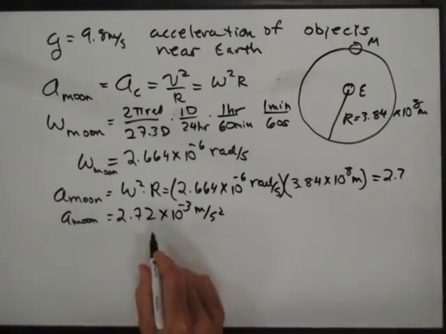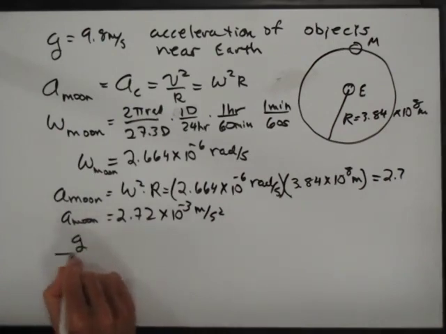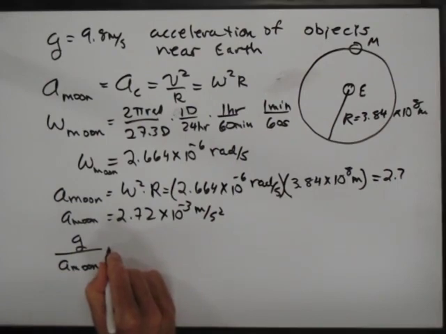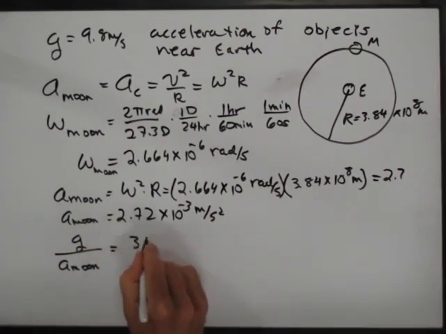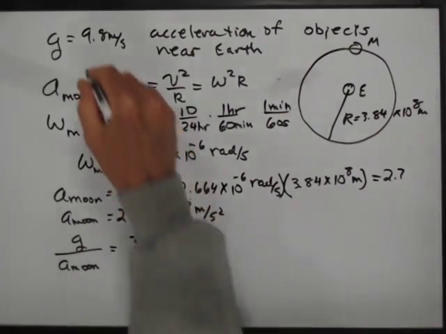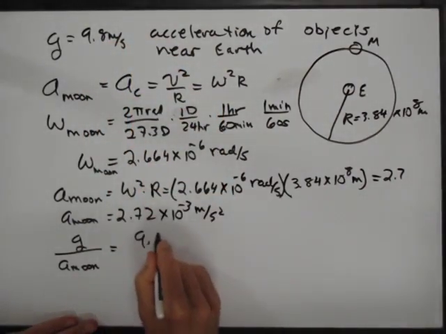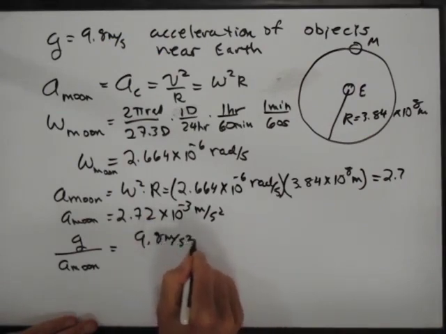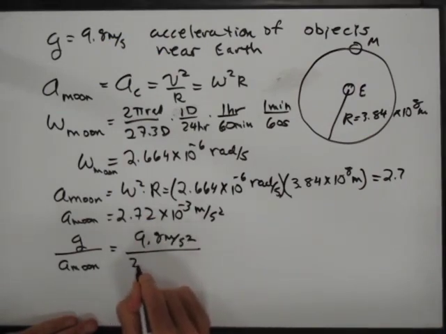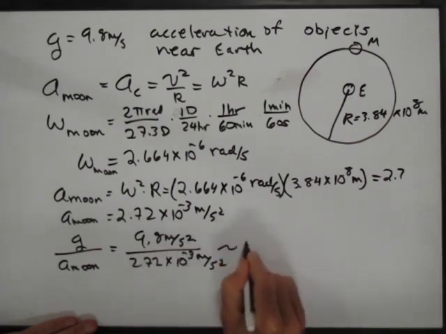And so Newton looked at that, and he noticed that if you take the acceleration of gravity divided by the acceleration of the moon, 9.8 meters per second squared over 2.72 times 10 to the minus 3 meters per second squared, it's about 3,600.